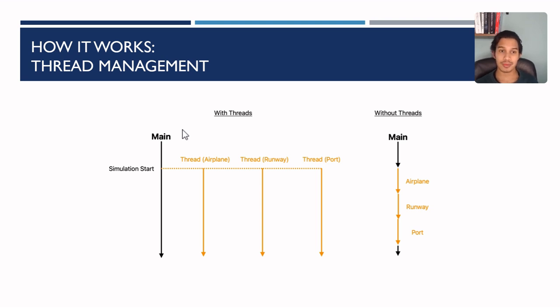The main function of the whole program is only responsible for initializing and starting up the simulation and nothing more. Creating threads, however, requires us to manage their existence properly, which brings me to my next point.